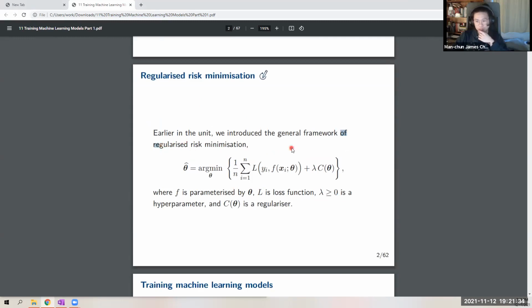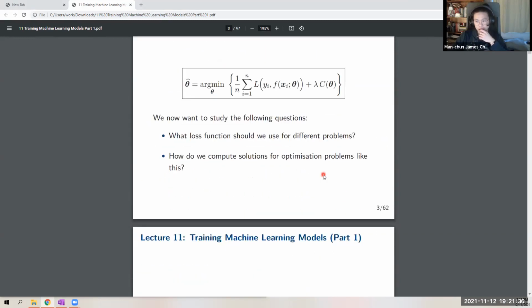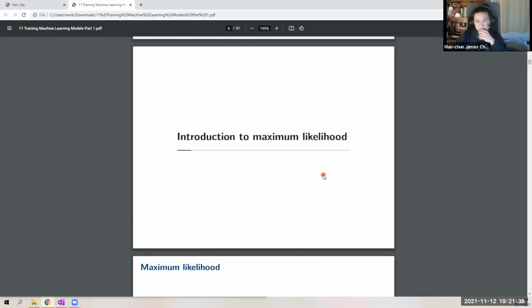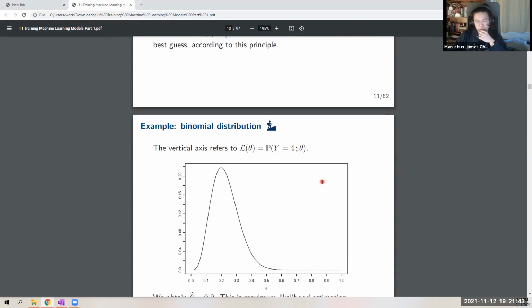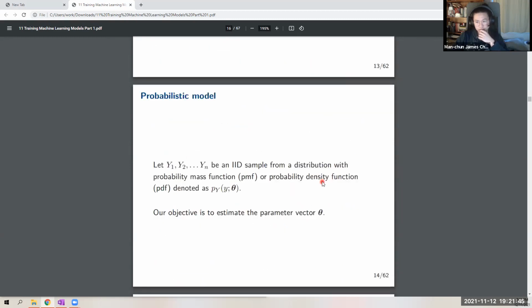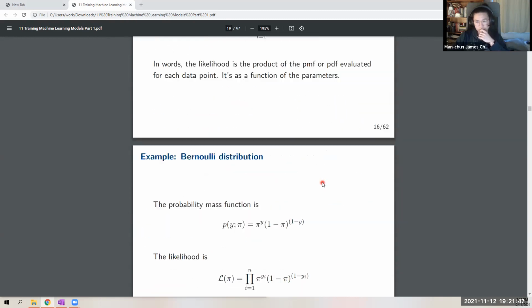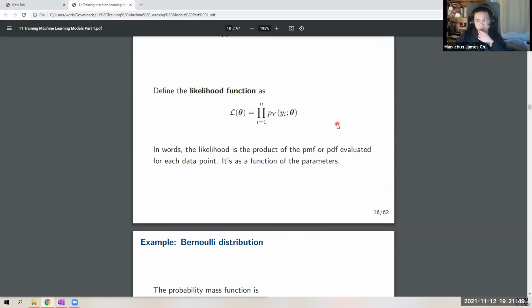Right, so we have regularized risk minimization. We're looking at likelihood functions. Just be careful: this likelihood function is not a probability distribution.